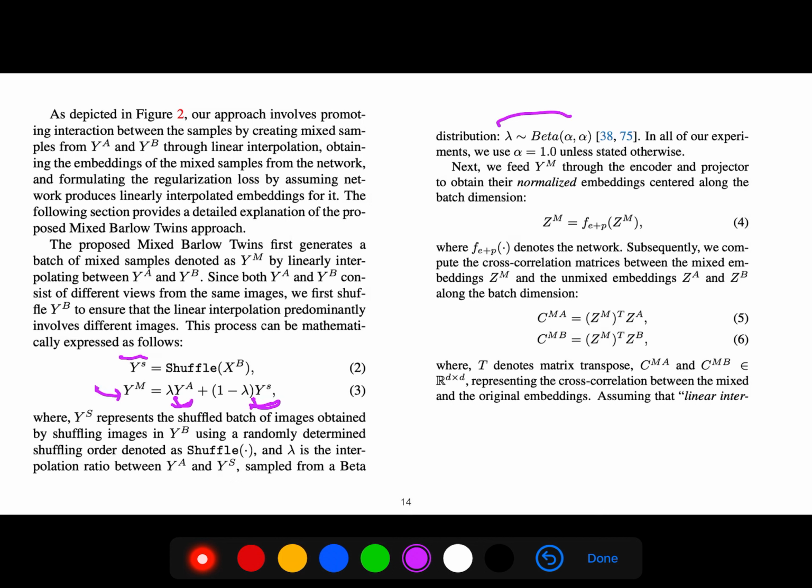Then we feed YM through the encoder and projector to obtain their normalized embeddings centered along the batch dimension. And here f denotes the network. Subsequently, we compute the cross-correlation matrices between the mixed embeddings and the unmixed embeddings. And T denotes the matrix transpose.